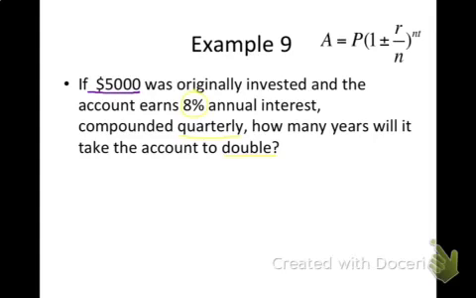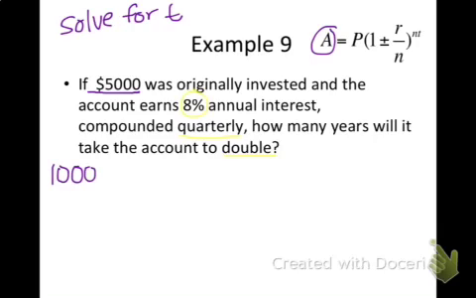So basically, we want to know the time. We want to solve for T, when our A, or our result in our account, is actually going to be $10,000, okay? Because double of what we started is 10,000. So our A we know needs to be 10,000 because that's double of what we started with.